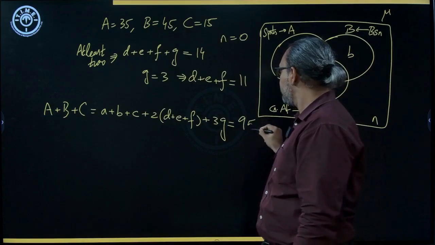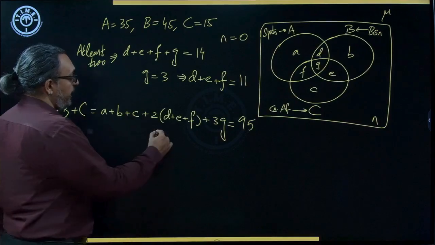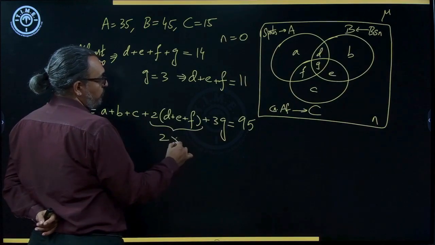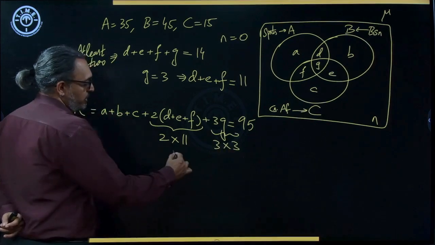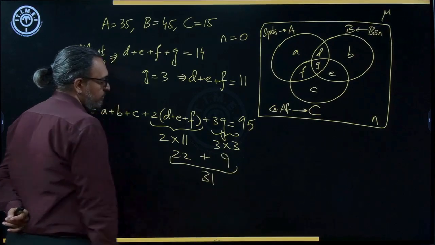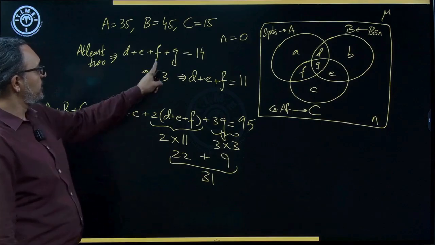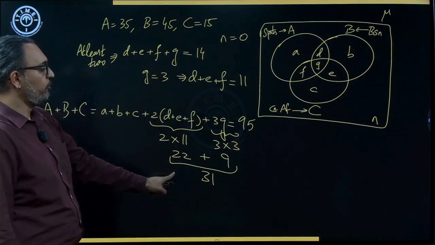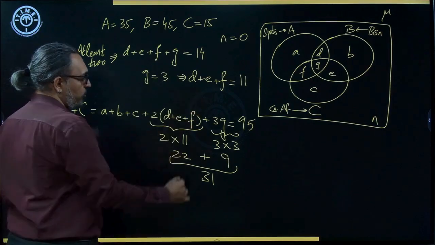You have 95. Correct? Now, what we can do? We can take this 2 times of 11 and this 3 times of 3. So this is 22 plus 9. So this is 31. Correct? DEF is 11. So 11 into 2, 22. G is 3. 3 into 3, 9. 22 plus 9, 31. You take it on to the other side.